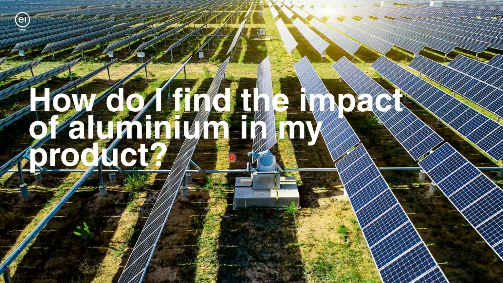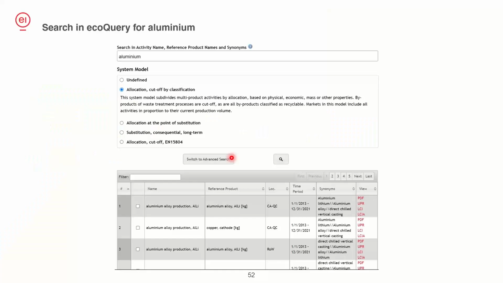And just to go back to the initial example that I presented about the aluminium frame and how, if you wanted to use an aluminium frame in your LCA study, how you're going to find the information. So if you want to use aluminium, then again, using EcoQuery, you access EcoQuery with your credentials and you look for aluminium.